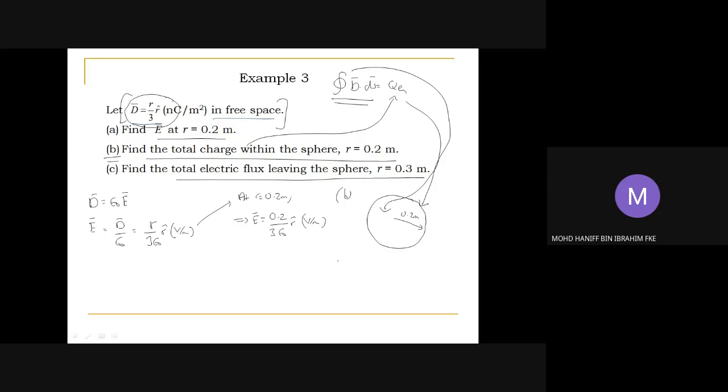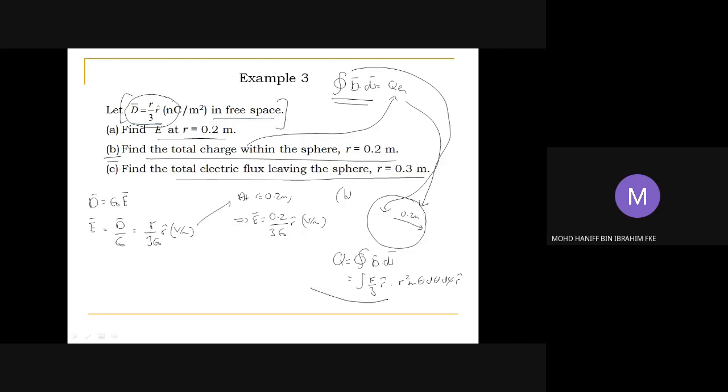So for that, the total charge inside the sphere will be simply the closed surface integration of D dot dS, in which D is given by r over 3, direction of r, and the dS vector on the surface of your sphere will be simply r squared sine theta d theta d phi, direction of r.